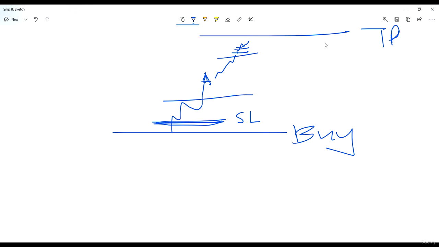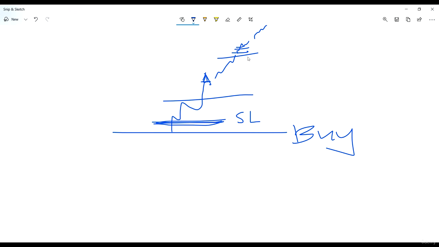And if you see that it's going really well in your direction, you can even close your take profit order and just allow the trailing stop to keep going, because it might even go above your take profit if the price is moving very fast.